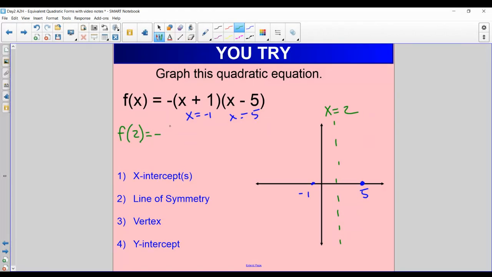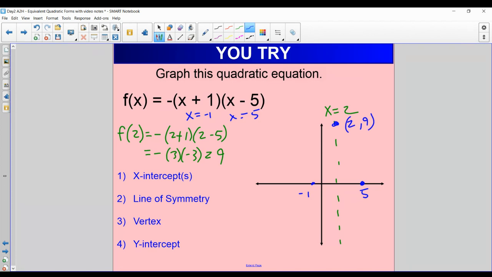So I have the opposite of 2 plus 1, 2 minus 5. So I have 3 times negative 3, so negative 9, but take the opposite. That is 9. So my point would be up here at 2, 9.